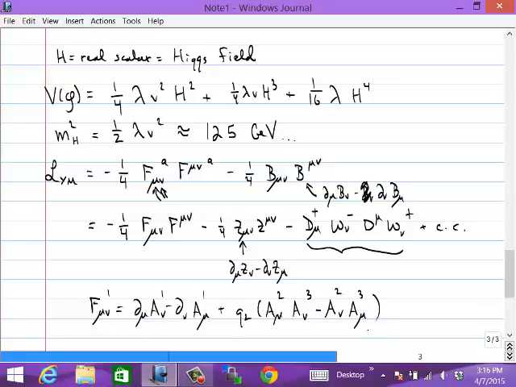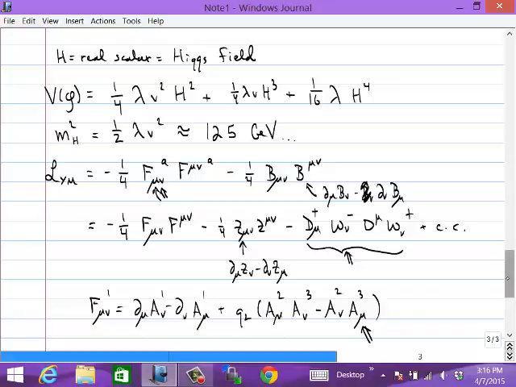And then you would need to go ahead and plug in our expression for A mu 3 in terms of A mu, the electromagnetic gauge field, and Z. And then you would get some coupling term between the W bosons and some linear combination of Z and A.